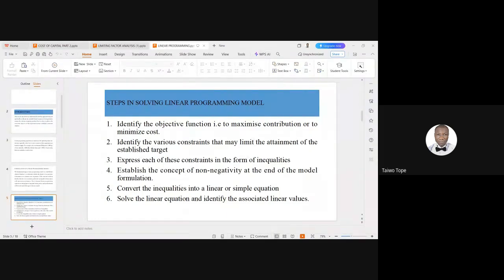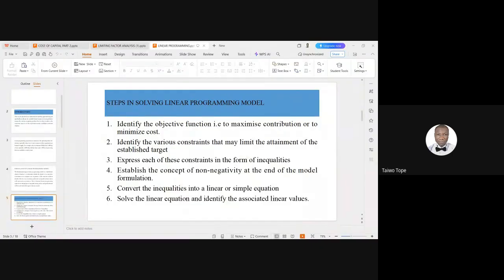So you cannot produce a negative quantity. You cannot use negative labor hours or consume negative material. That is the concept of non-negativity. It is just a simple expression of saying that X is greater than or equal to 0, or Y is greater than or equal to 0.